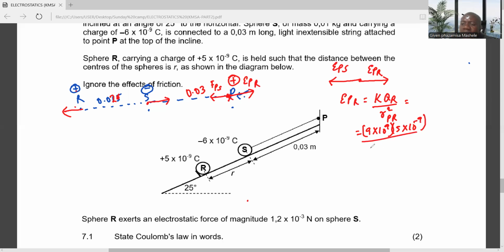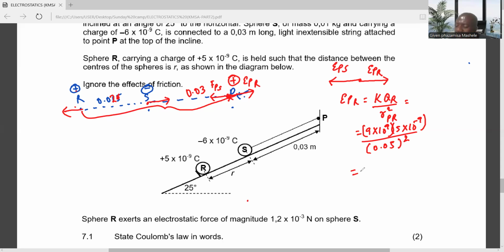The distance between P and R is 0.02 plus 0.03, which is 0.05, so we have 0.05 squared.